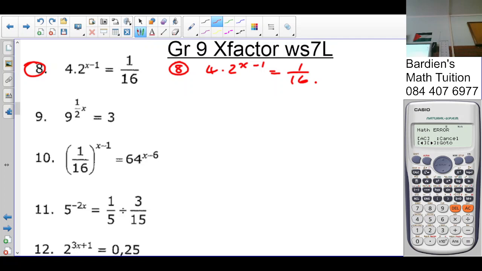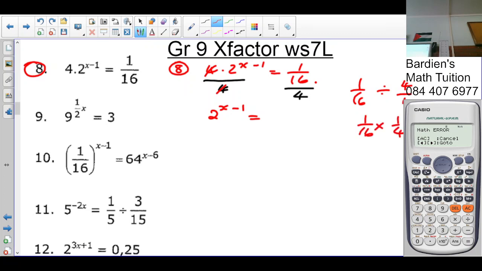Right. What do we do first? Number 8. Divide by 4, yes, both sides. So in other words, we got 2 to the x minus 1 is equal to 1 over 16 divided by 4, which is the same as saying 1 over 16 multiplied by 1 over 4.